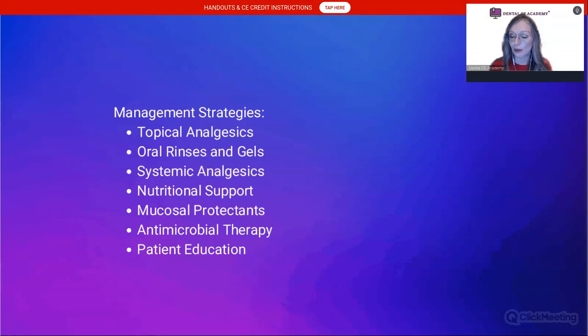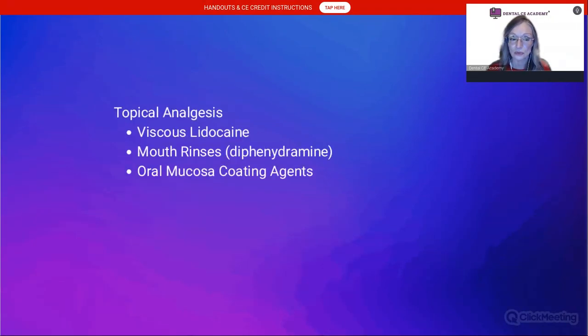All right, management strategies here. Topical analgesics, oral rinses and gels, systemic analgesics, nutritional support, mucosal protectants, antimicrobial therapy, and patient education. So topical analgesics, excuse the typo there: viscous lidocaine.